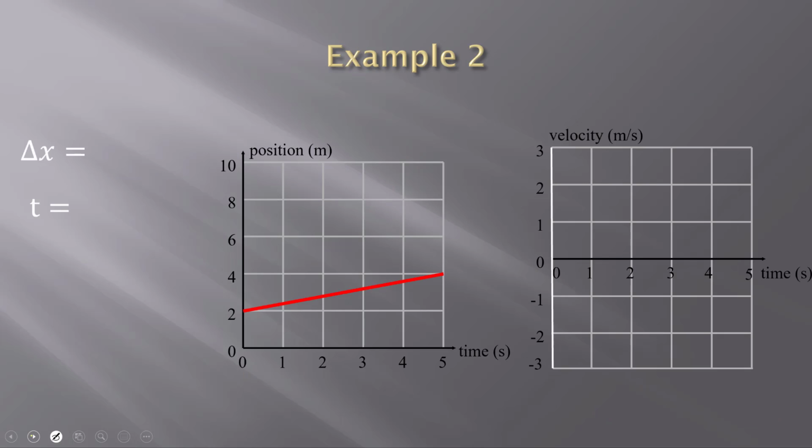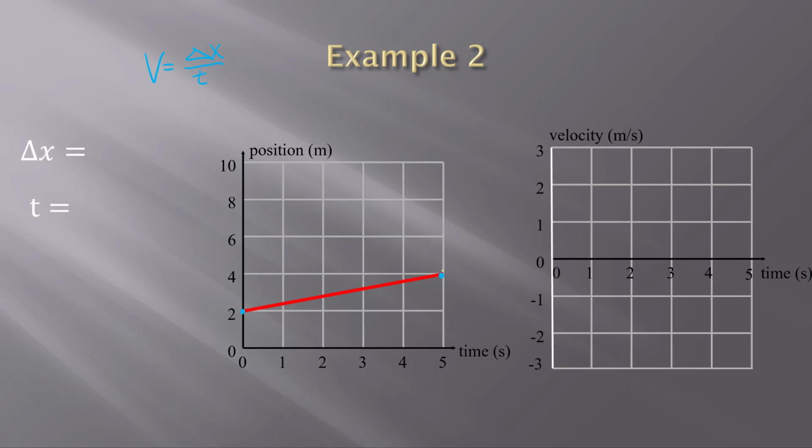Let's go to another one. If we want to come up with a velocity versus time graph for this one, again, we need to know the velocity. Velocity is rise over run, but really what that means is we are trying to find its displacement, the change in position, over a given amount of time. So we're really using this equation for velocity. I'm going to pick that spot and that spot.